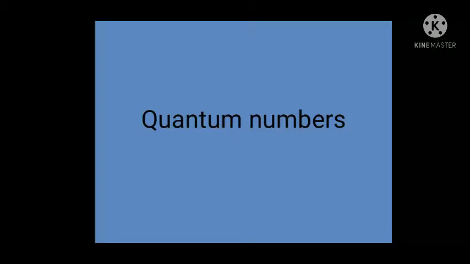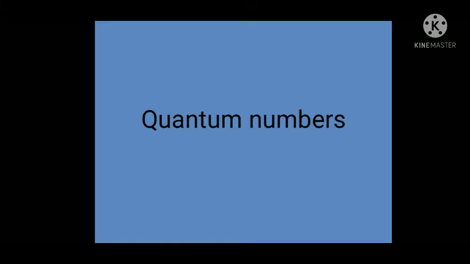Quantum numbers. We know that an atom contains a large number of orbitals. These orbitals are distinguished from each other on the basis of their size, shape, and orientation in space. These characteristics of an orbital are expressed in terms of numbers, and these numbers are known as quantum numbers.